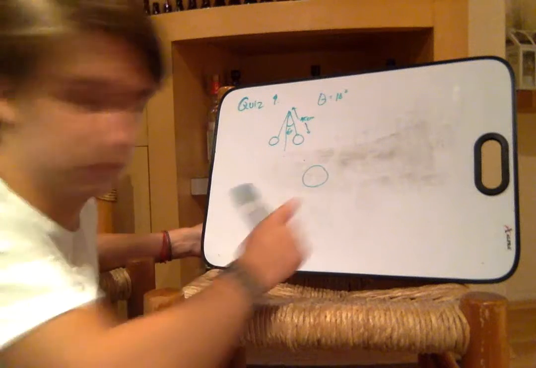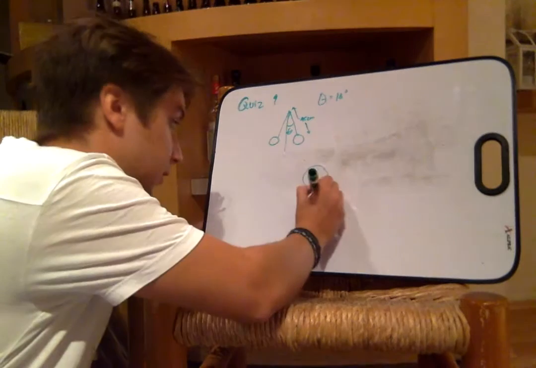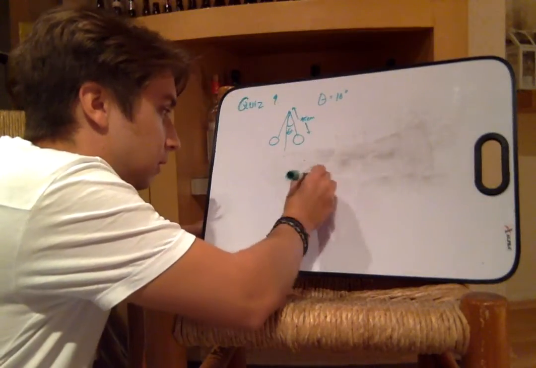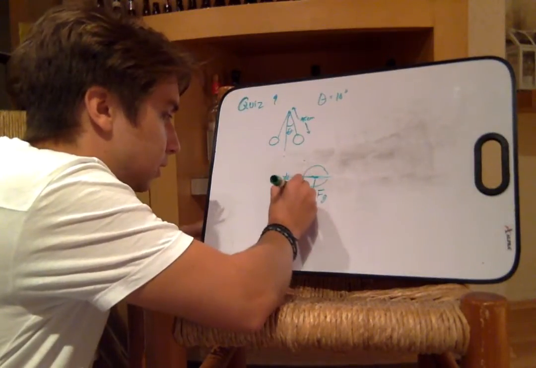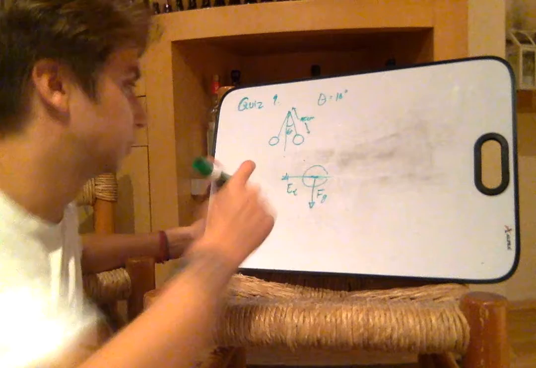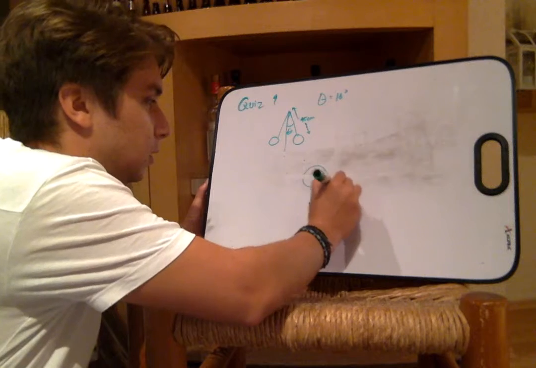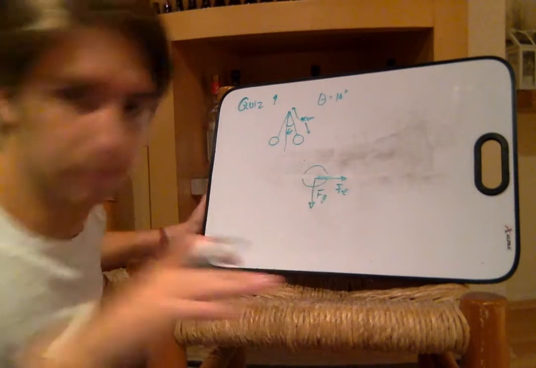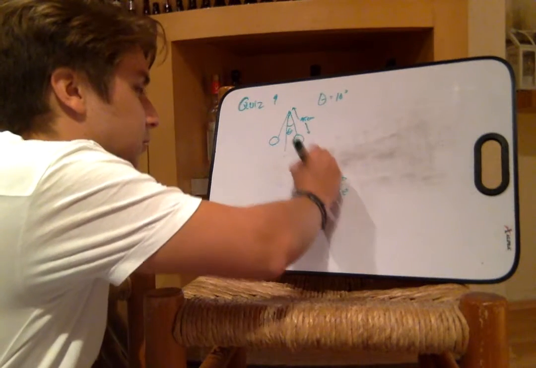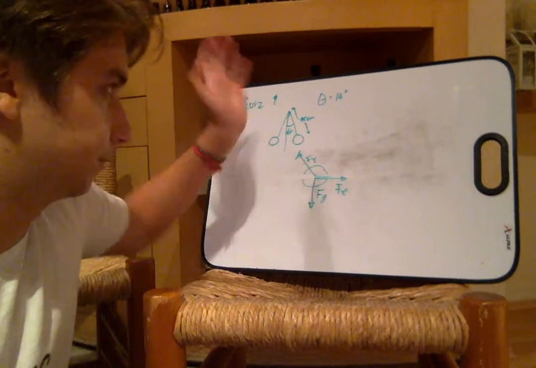If this was the diagram of each sphere, we have the force of gravity going downwards, the electromagnetic force over here, being repelled from the other charge, and then we have a tension over here. That's the tension of the string that is hanging.